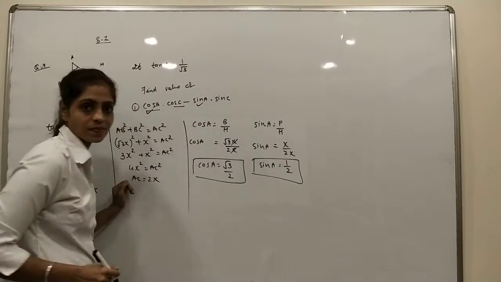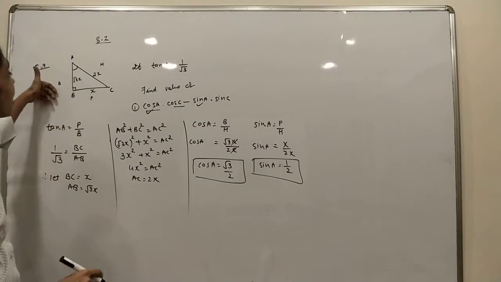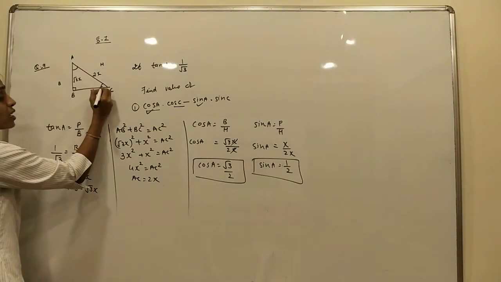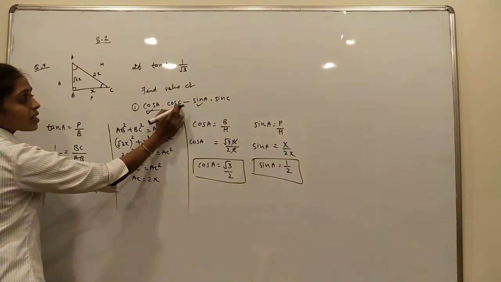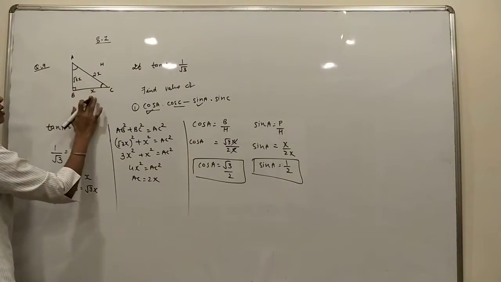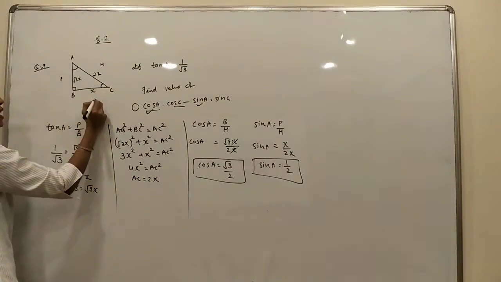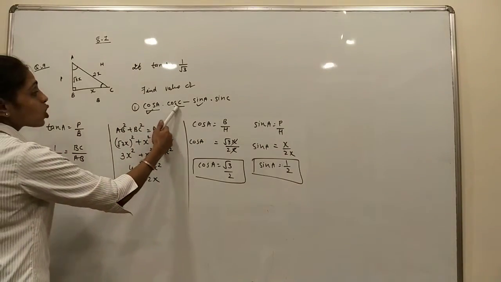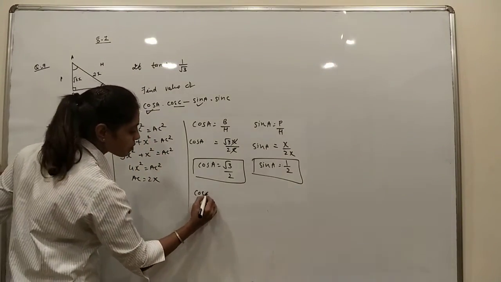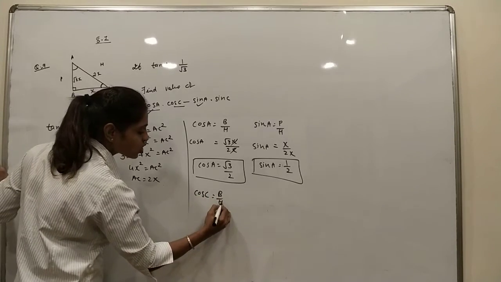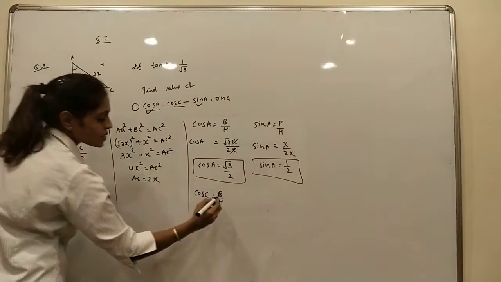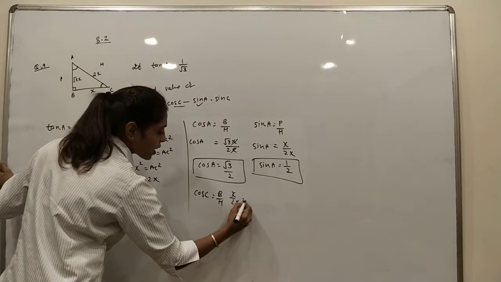Got it? Now P and B were written according to A. Now if I focus on angle C, then the side opposite C is P and this one is B. Then cos C is B by H, which is x upon 2x, is 1 by 2.